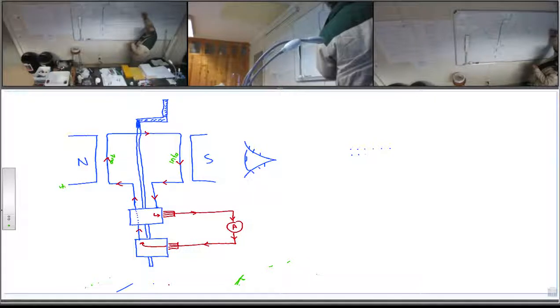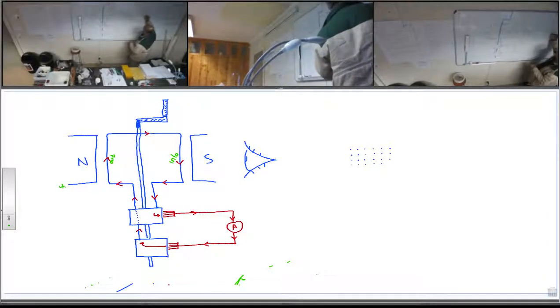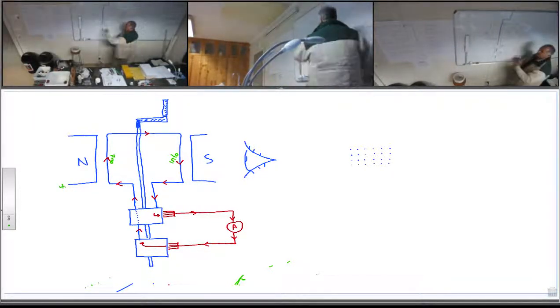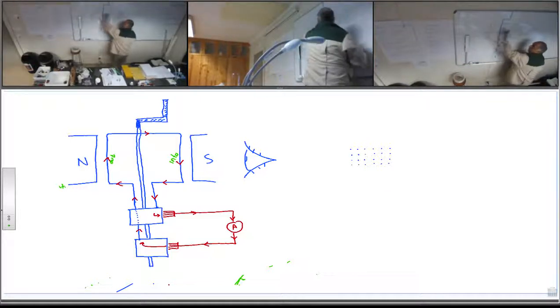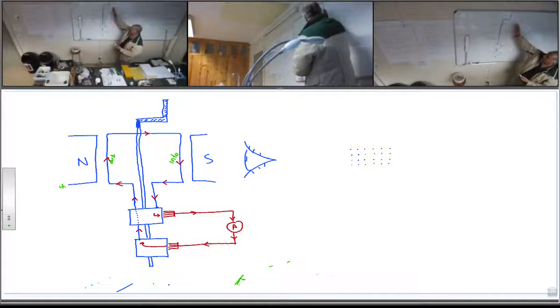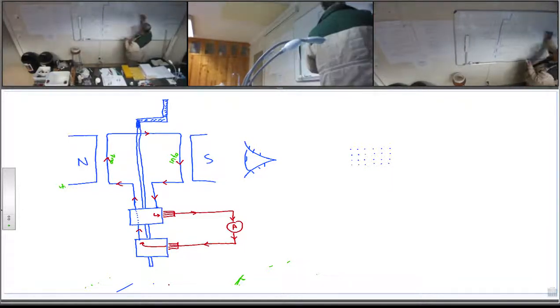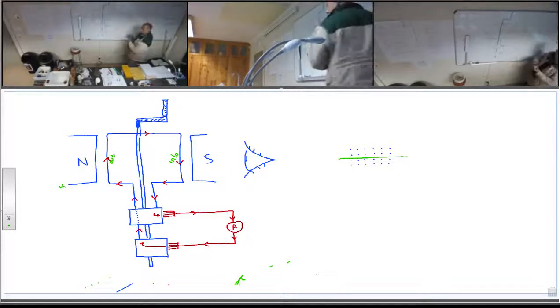Let's draw a bank of them. Do you agree? You'd see a bank of magnetic field lines coming towards you from north to south. You would see this wire running, I'm going to draw it in green, like that.